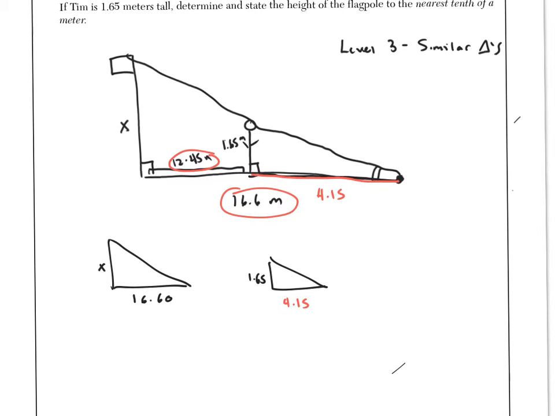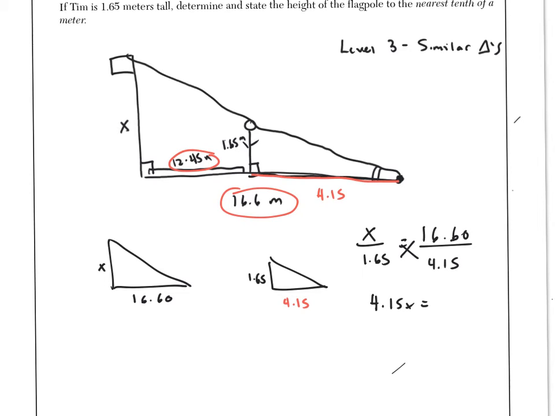So now we'll just set up our ratio. X is to 1.65 as 16.6 is to 4.15. All right, nice and easy. Cross multiply this. 4.15x is equal to, well, I got to put this in the calculator myself.